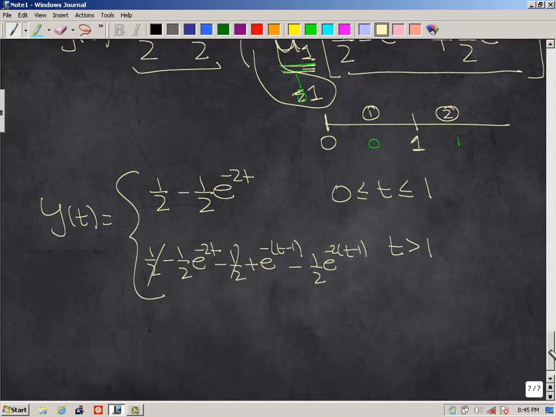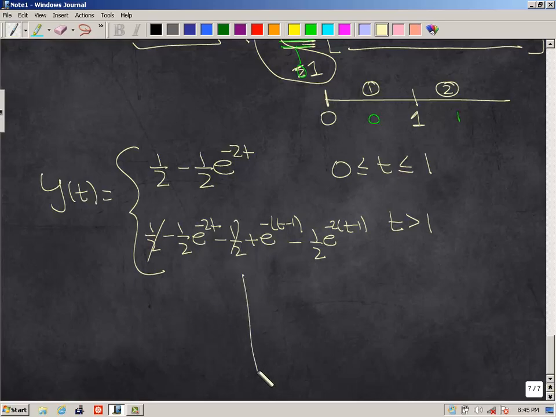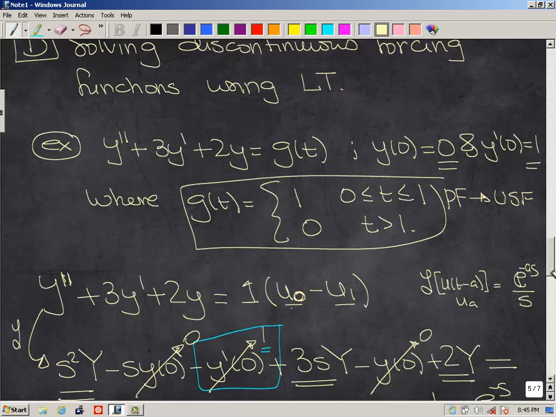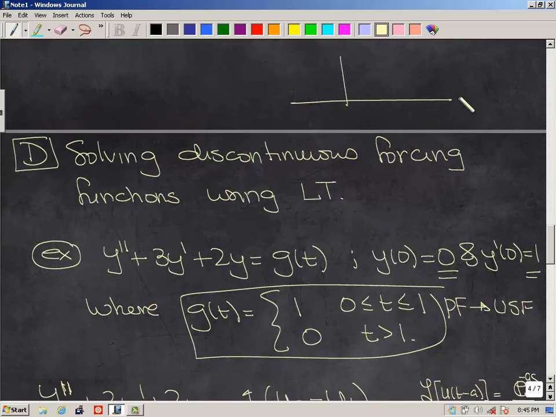The cool thing about this is if you were to graph this function, you can use Mathematica, MATLAB, or whatever graphing tool you want to use. If you were to graph this function, you would notice that the forcing function was discontinuous. You can see that. If you were to graph that, you would see this is t, this is g, this is 1, 0, and this is 1.